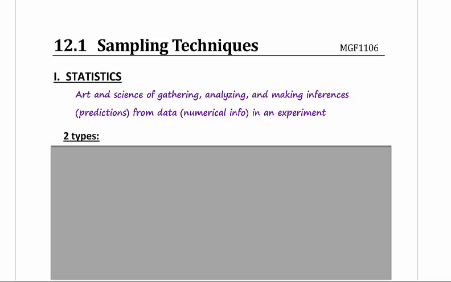So again, statistics is a science, but it's also an art because you have to design the experiment. You have to decide what criteria you're going to use on an experiment. So I'm just going to say it again, art and science of gathering, analyzing, and making inferences, which are predictions, from data, which is your numerical information, in an experiment.